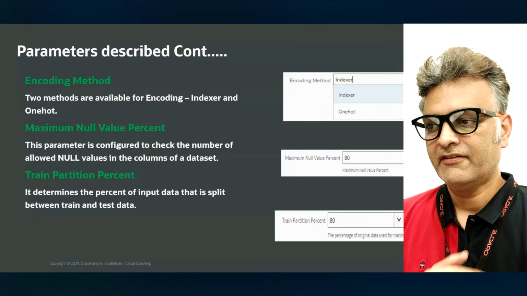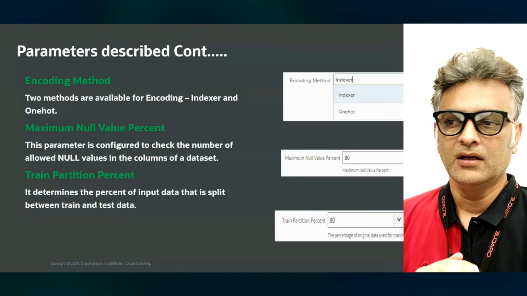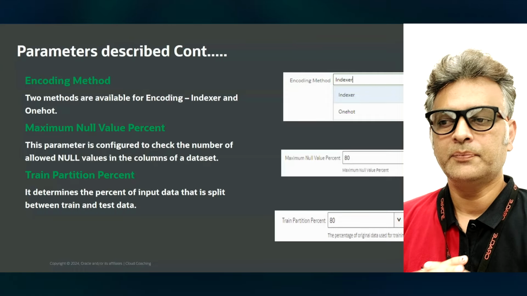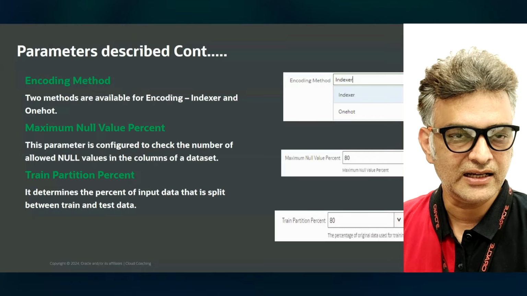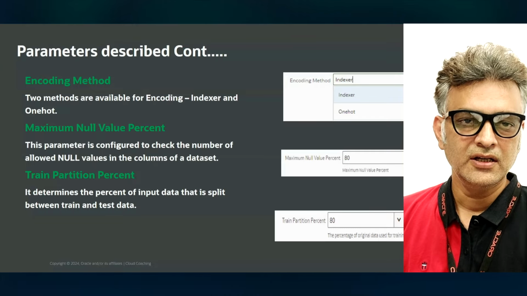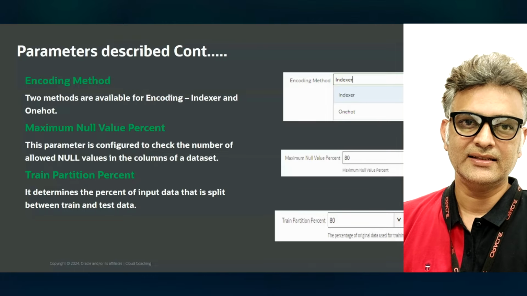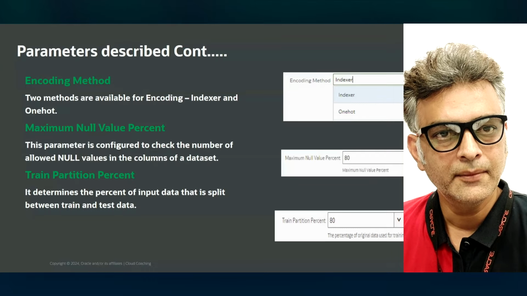Finally, we have a parameter called train partition %. It determines the % of input data that is split between train and test data. So suppose you have a data set of 1000 rows, which you have used as the training data set to build this machine learning model, and you are configuring all of the parameters.